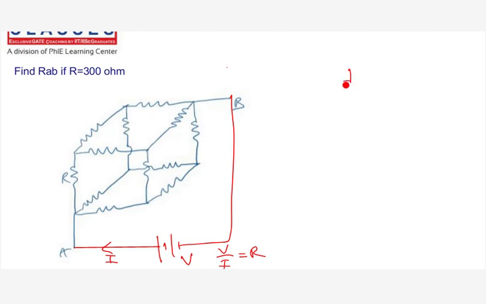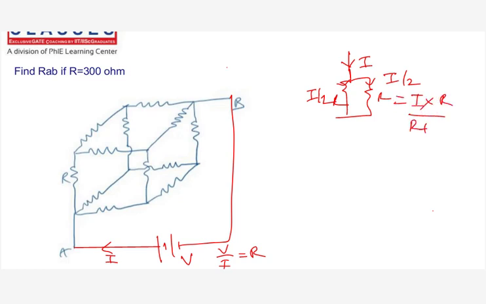The current here is I into opposite resistance by total resistance, so I into R by 2R, nothing but I by 2. The logic is if the resistances are equal, the current will be equally divided.